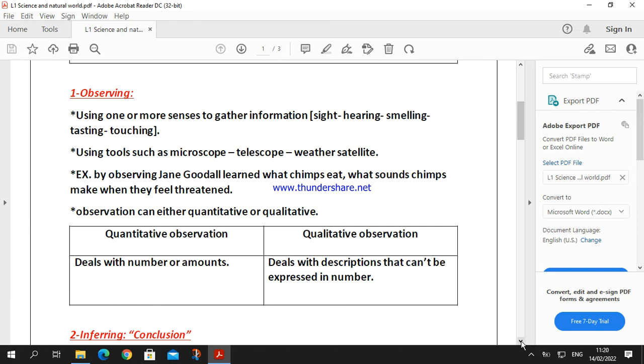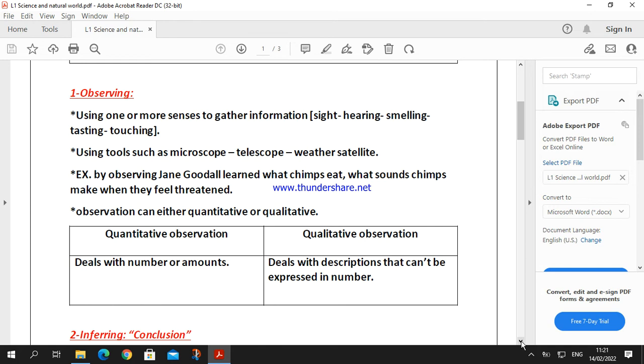When I check my Gmail, I found 11 emails, known as quantitative observation. But qualitative observation uses description, like the board hanging on the wall has a black color. This is known as qualitative observation.